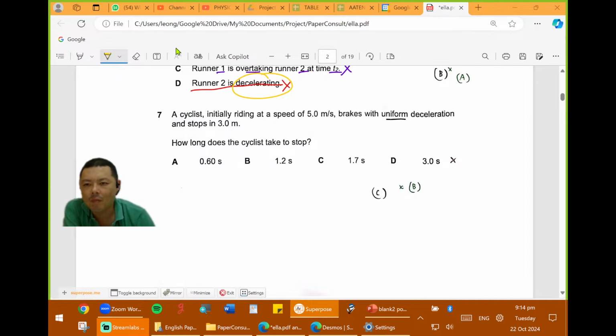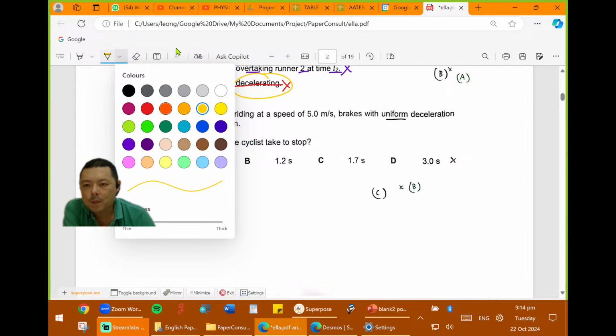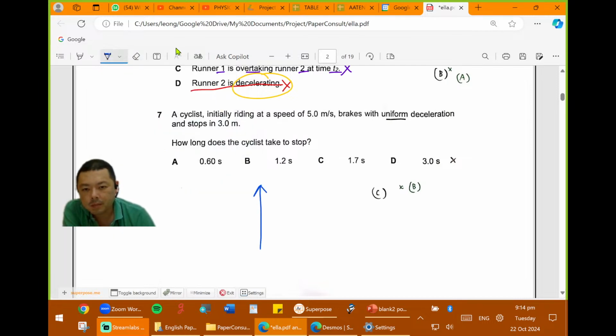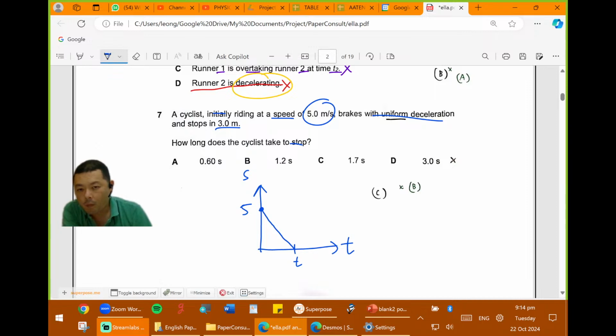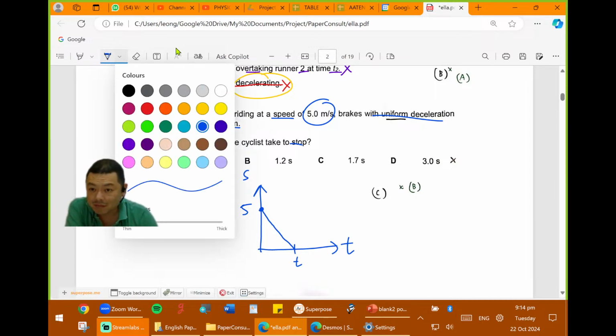So why is it not drawn? Speed-time graph, initial speed 5 meters per second, uniform deceleration, comes to rest in 3 meters. Then I ask you how long does it take, the time taken.